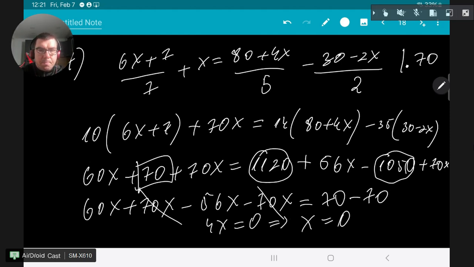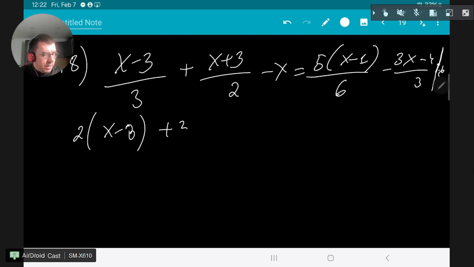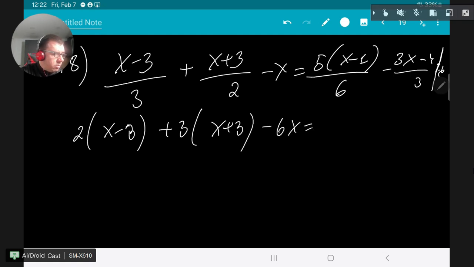All right, so 2, 3, 3, 6, multiplied by 6 on both sides. 2x minus 3 plus 3x plus 3 minus 6x equals 5 times (x minus 1) minus 2 times (3x minus 4).